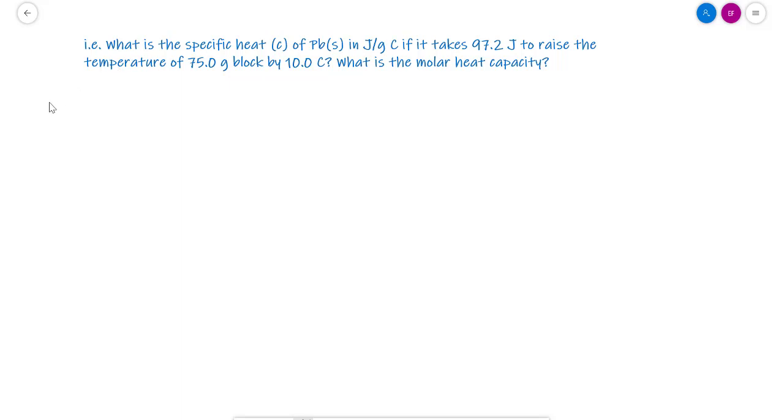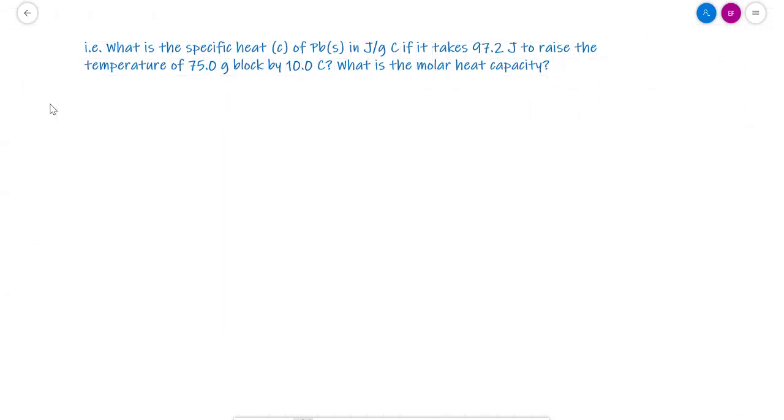So let's start with the first question here. The first question is to just evaluate what is the specific heat. So remember, specific heat is the joules of heat required to raise the temperature for every degree C for every gram of solid, right? And we know that that's the definition of this specific heat.